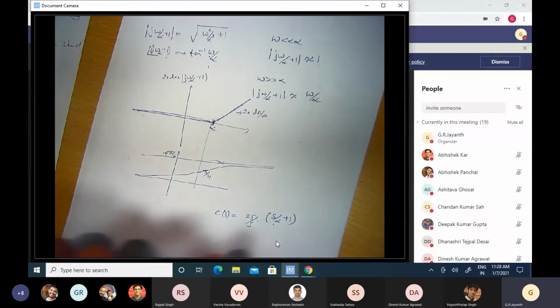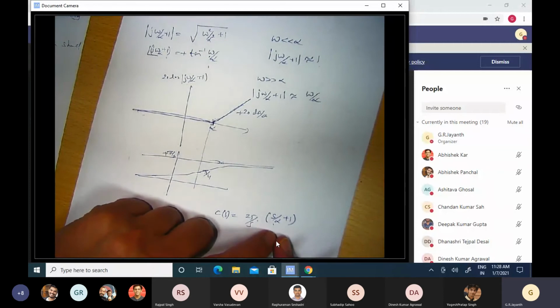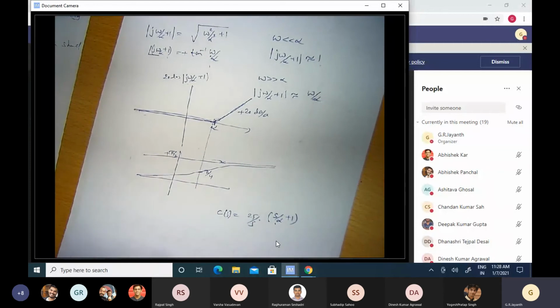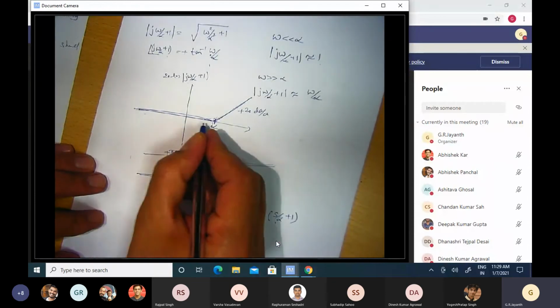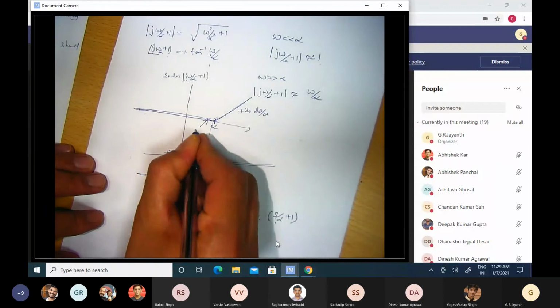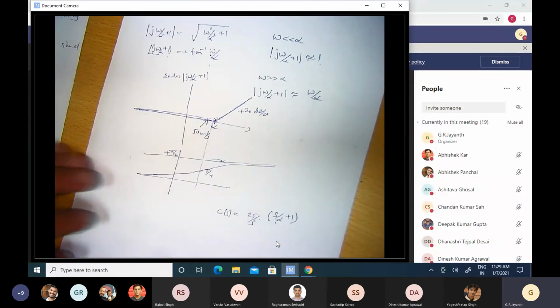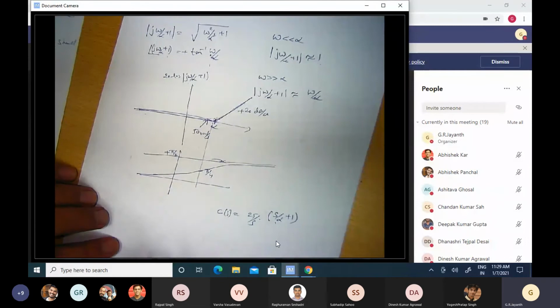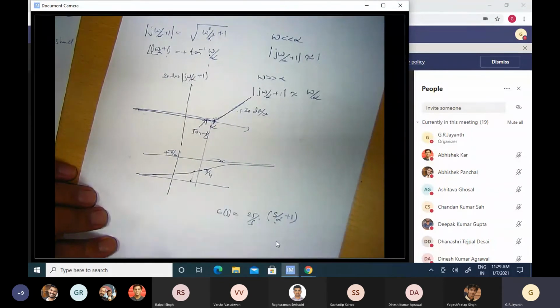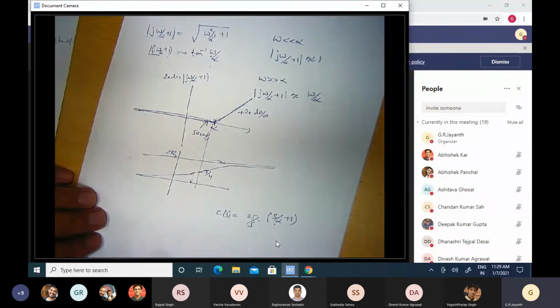Good. So where should this alpha be now? That's the last question that we need to answer. Our gain is crossing over at around 50 radians per second, and that is where we are expecting a phase boost of around 40 degrees. So if I were to place my alpha slightly to the right of that, so if 50 radians per second is somewhere here, then if my alpha is slightly to the right of that, then the phase that I'm going to get there is going to be almost exactly 40 degrees.